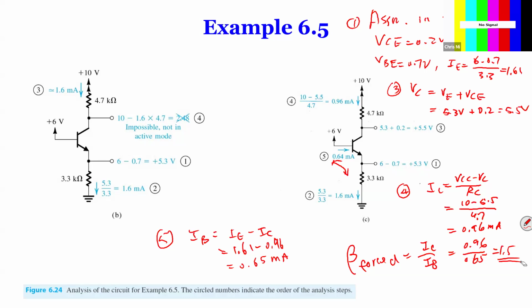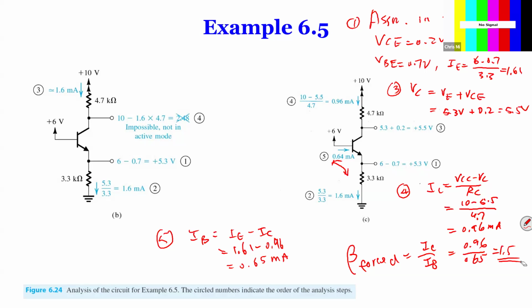You're wrong, because you forgot to verify that VCE has to be larger than 0.3 in active mode. The beta of 50 holds if it is in active mode, but when it moves into saturation, it's no longer true. So we assumed beta is 50 for active mode, as we did in the previous step.